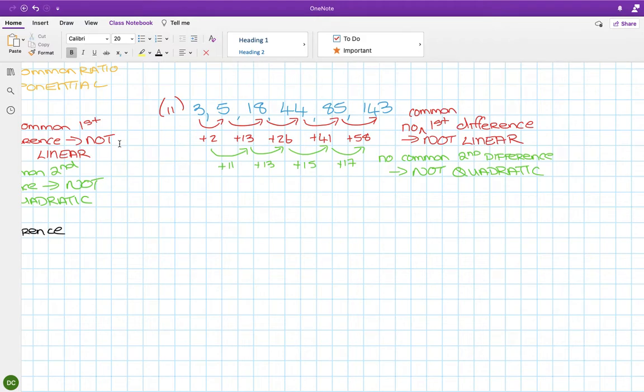Right, so we go cubic. So from 11 to 13, that's a jump of 2. 13 to 15, 2. 15 to 17, 2. So we have a common third difference.